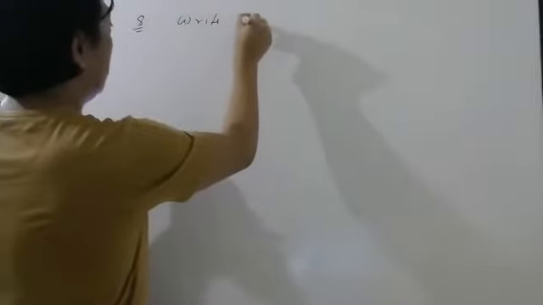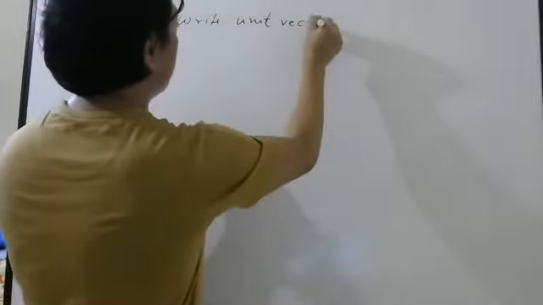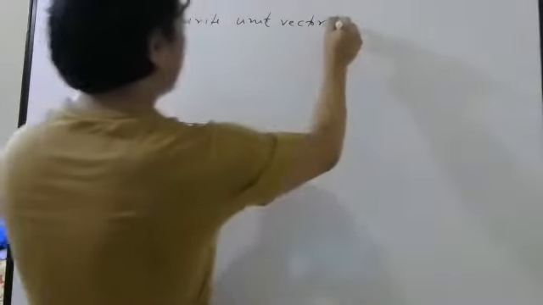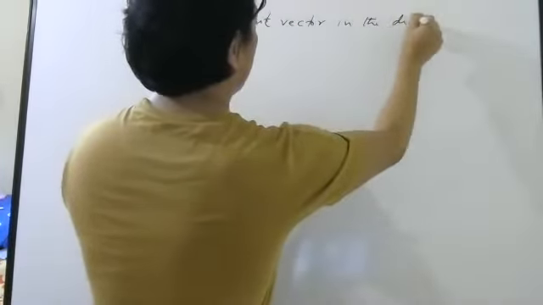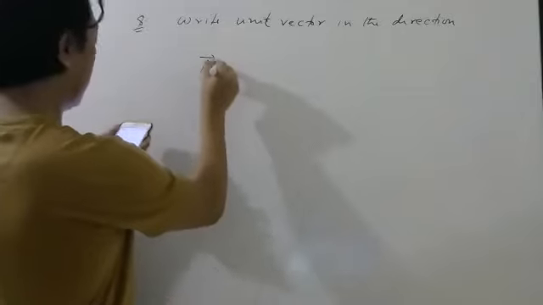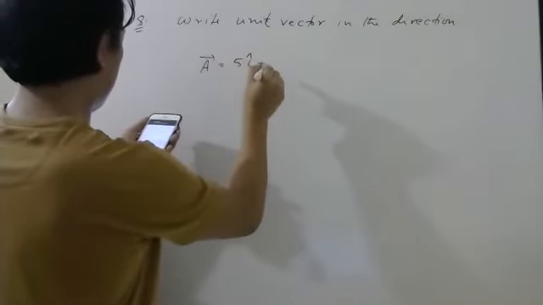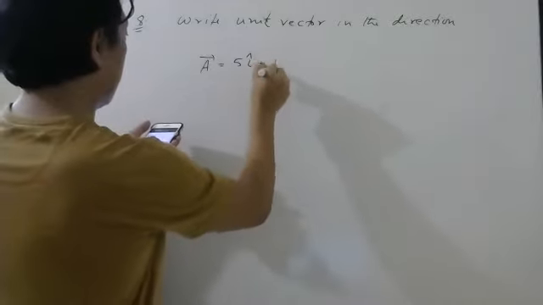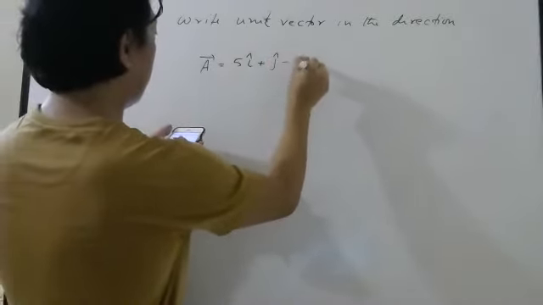Okay, now let us continue with the problem solving. Question number 8. This I have done actually. They are asking, write the unit vector in the direction of some vector they have given, a bar equal to 5i cap plus j cap minus 2k cap.